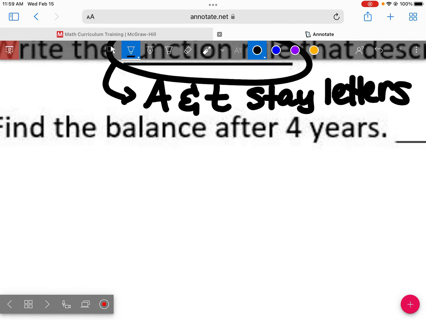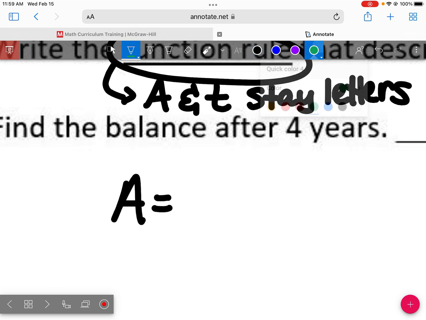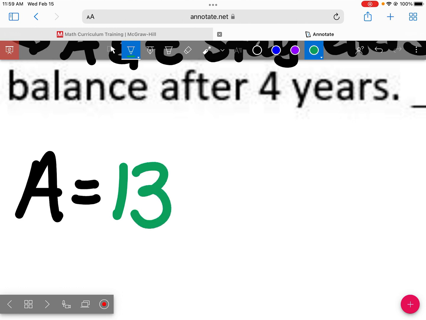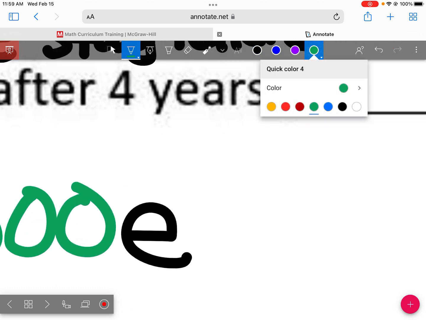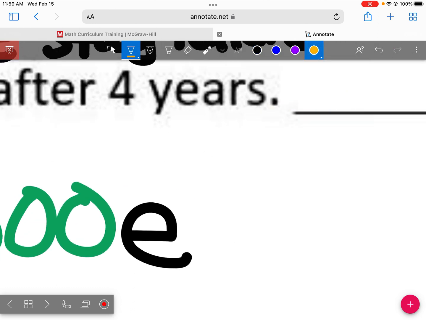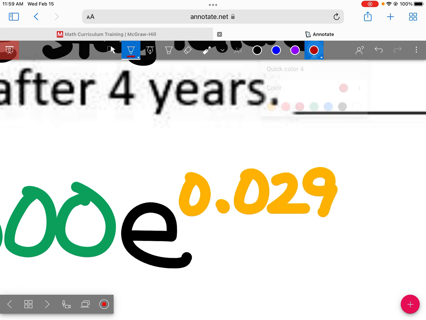To answer part B, here's where I actually start subbing things into my calculator, popping it in there. So I have to have something to put in for T here. What do I put in for T for part B? 4. So I take it times 4.